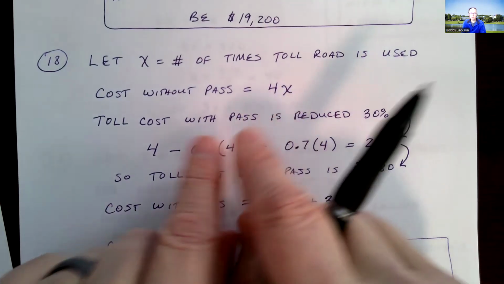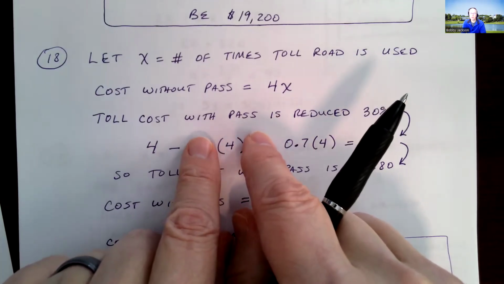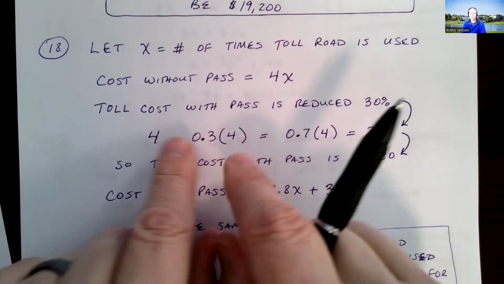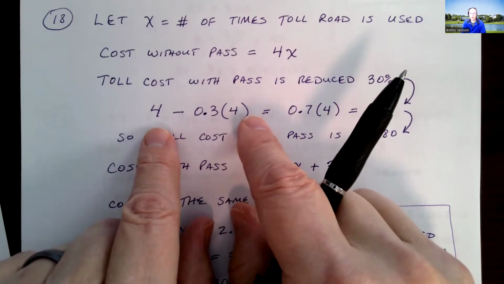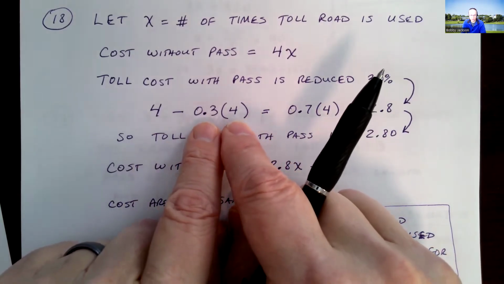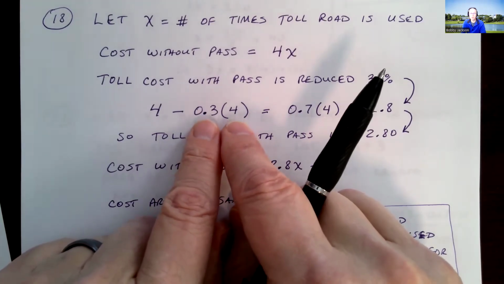Now, what is the toll cost with the pass? Well, it's reduced by 30%, right? So what does that mean? Well, that means if I take the $4 and reduce it by 30% of the $4, 30% of $4, by the way, is $1.20. 0.3 times 4 is 1.2. Okay.